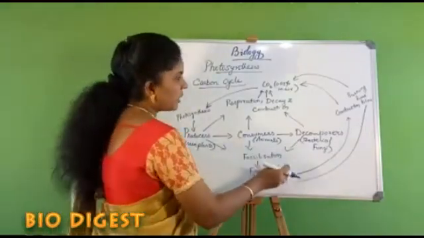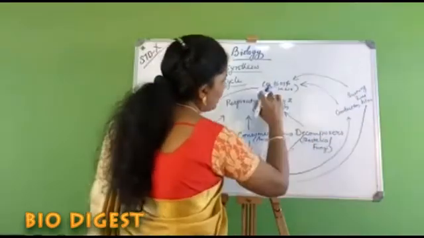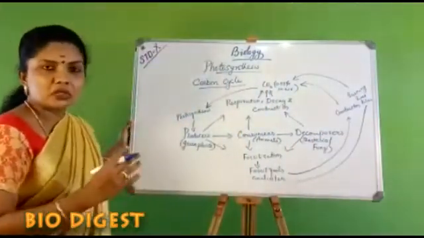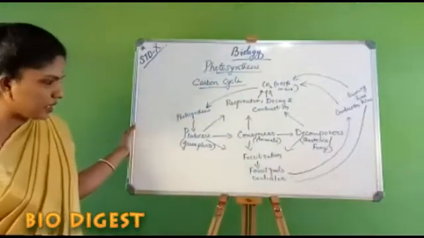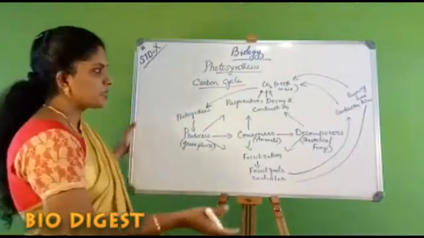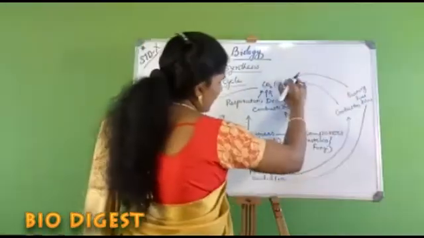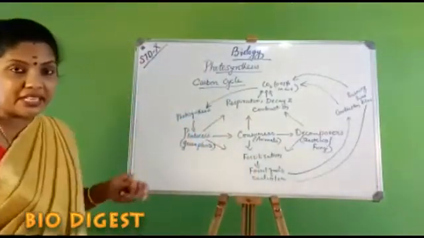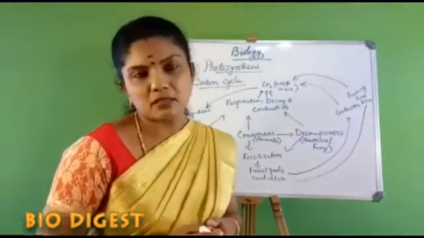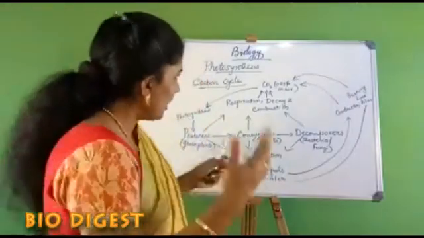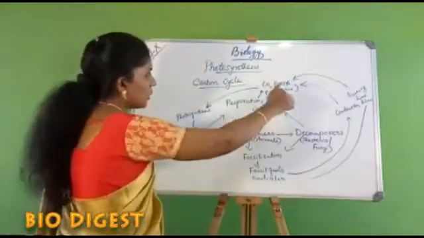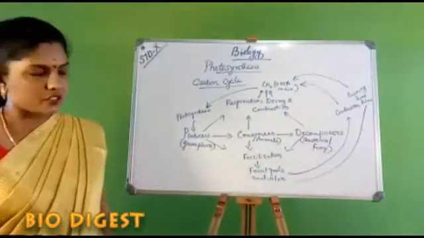By burning of fossil fuels, again carbon dioxide is released into the atmosphere. Or sometimes carbon dioxide can also be released into the atmosphere by burning limestone in lime kilns.